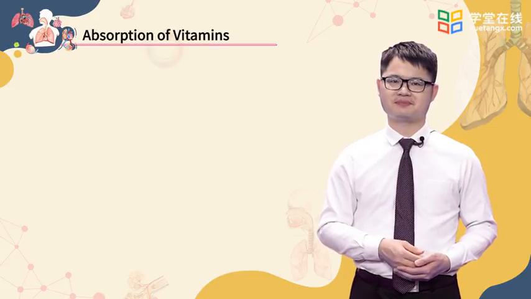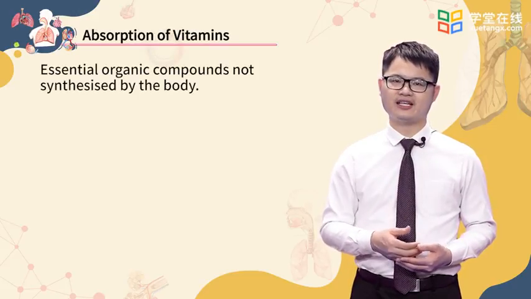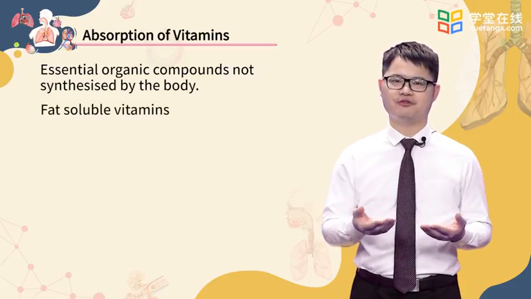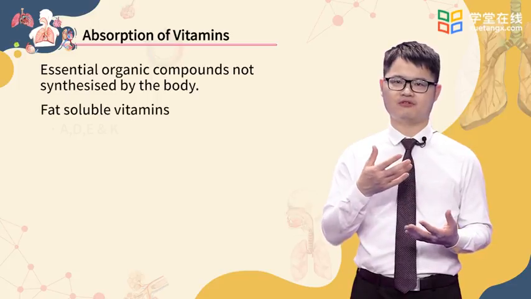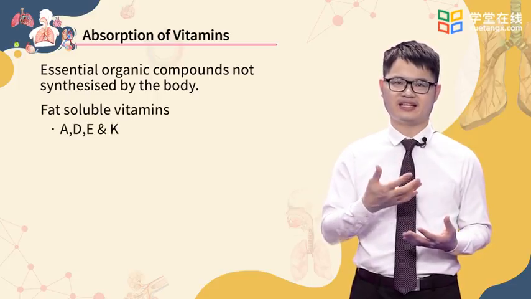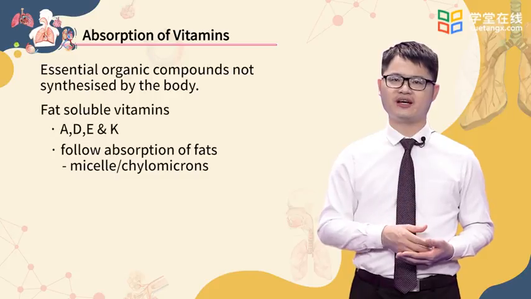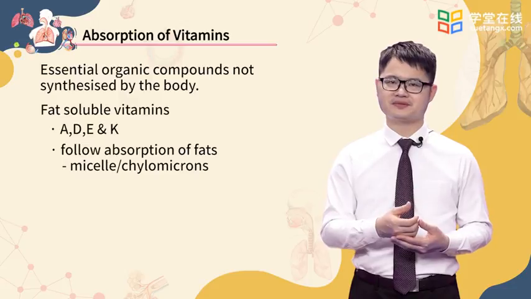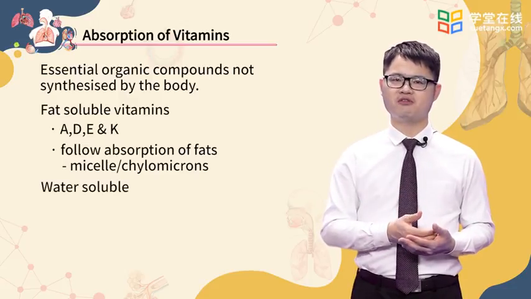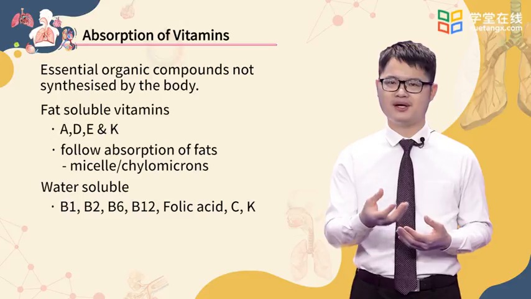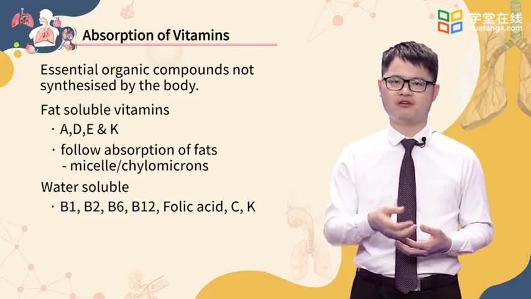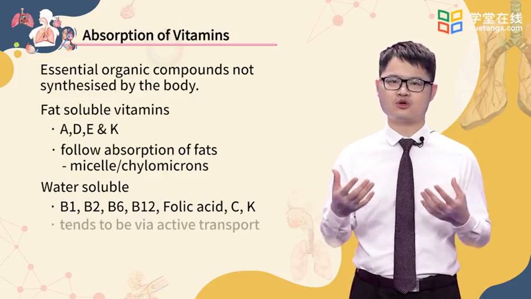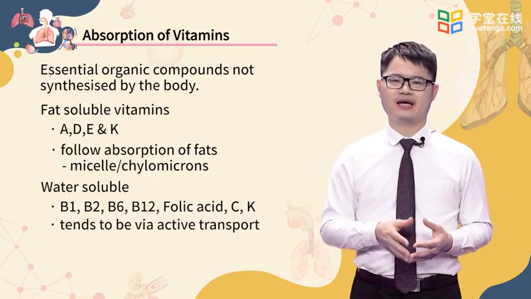Absorption of vitamins. Vitamins are essential organic compounds not synthesized by the body. They can be divided into fat-soluble vitamins, for example, vitamin A, D, E, and K, which are absorbed together with fats in forms of micelles or chylomicrons, and water-soluble vitamins, the vitamin B1, B2, B6, B12, folic acid, vitamin C. All these vitamins are absorbed through the active transport.